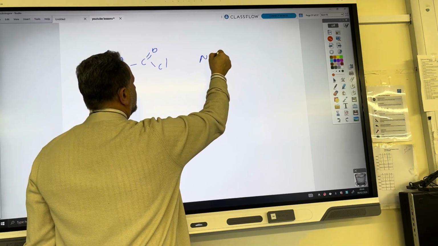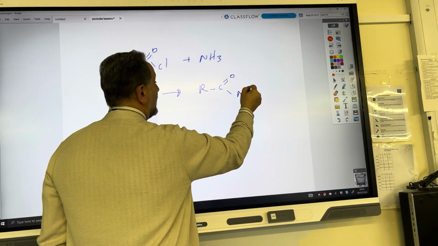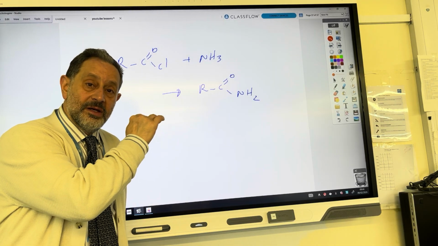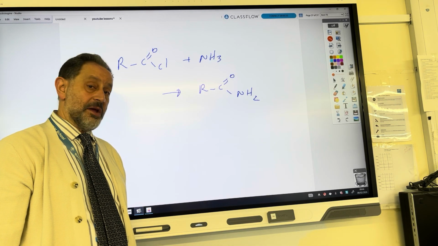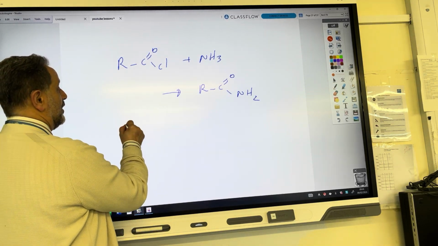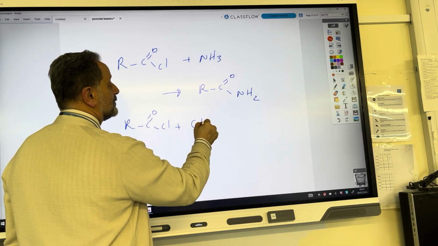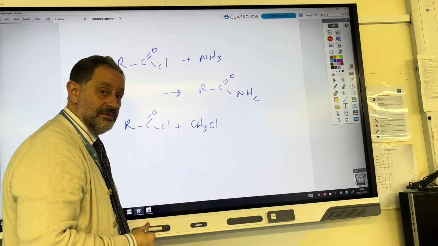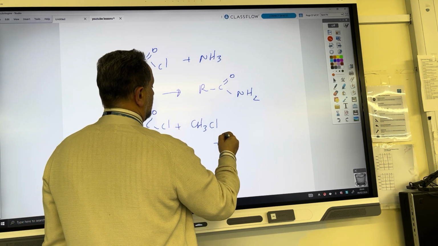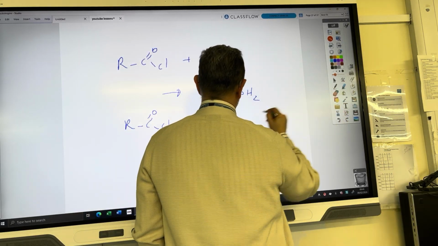So how does the acyl chloride react? If you react it with ammonia, then it will produce RCONH2. Can't we refer to this as a primary amide? RCOCl can also react with a primary amine.